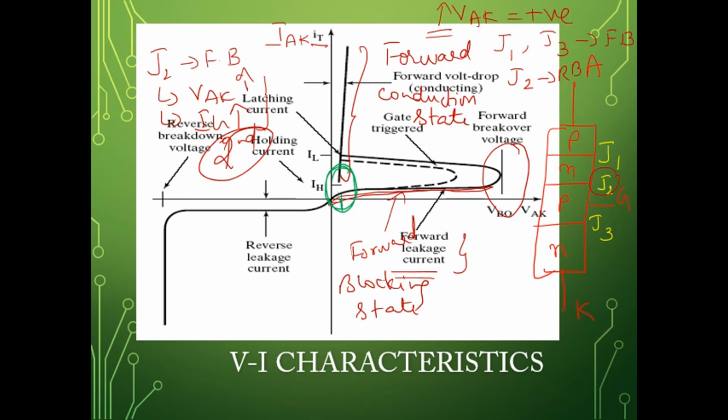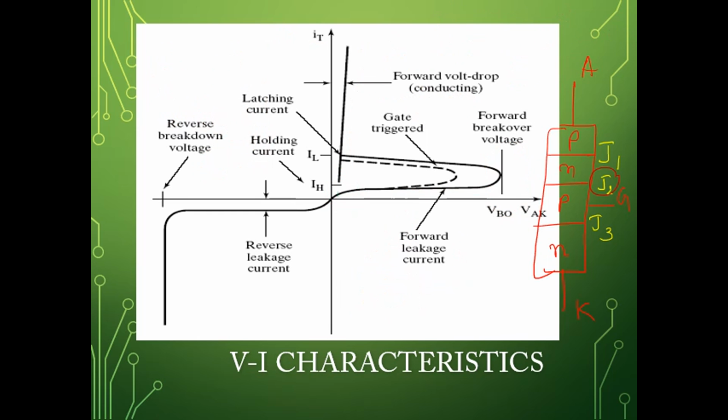So I'll repeat this. If you apply a positive anode to cathode voltage, junctions J1 and J3 will be forward biased, J2 will be reverse biased, and a small leakage current will flow. This particular region is your forward blocking region.